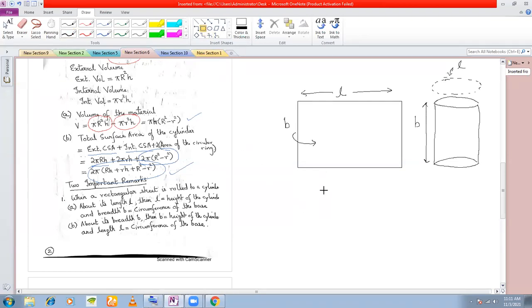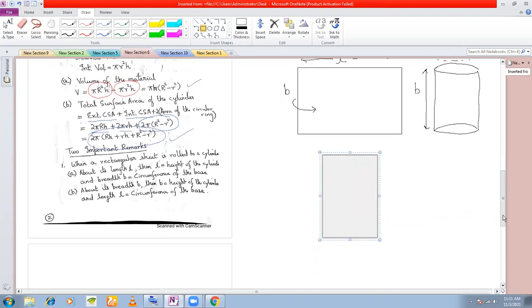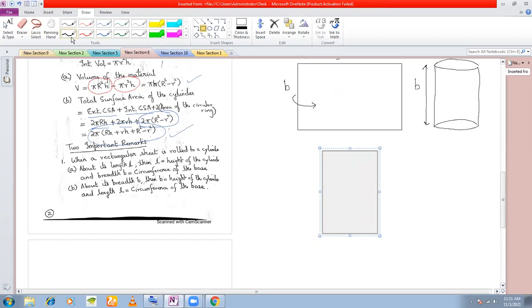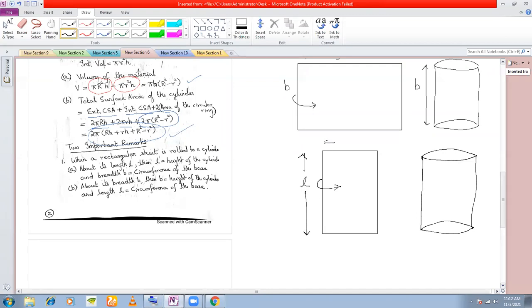Similarly, if I am rolling this rectangular sheet, this time I'm rolling along the length, okay? Then what will happen? If I'm rolling this sheet along the length, this is my length, right?